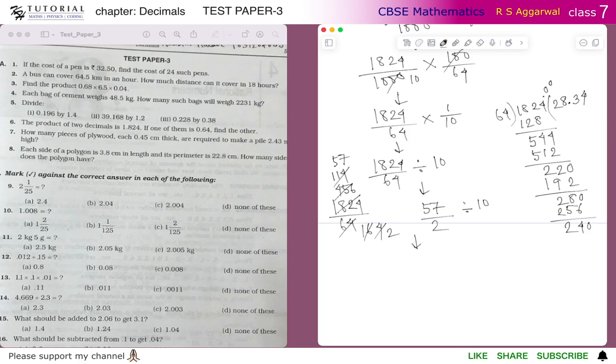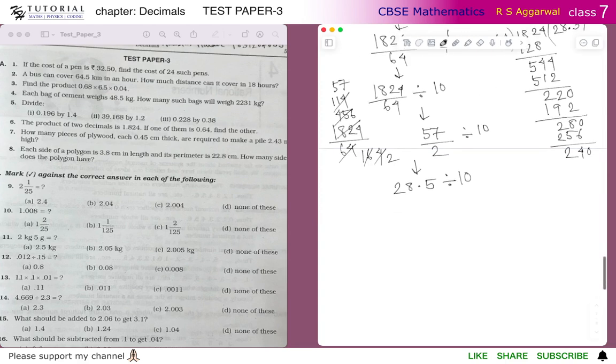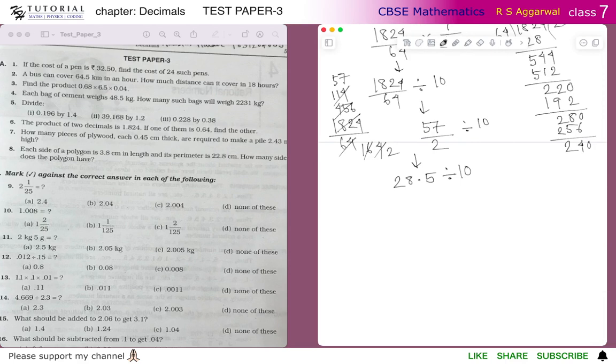Now 57 by 2 is 28.5. So I did some mistake in the long division when I was dividing 1824 by 64. Let me check once again.